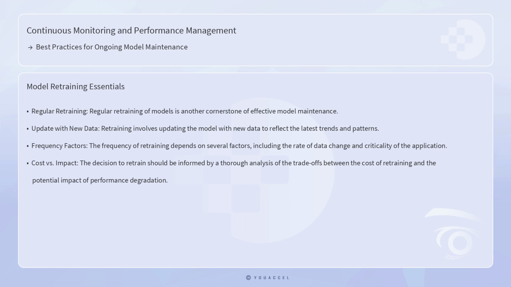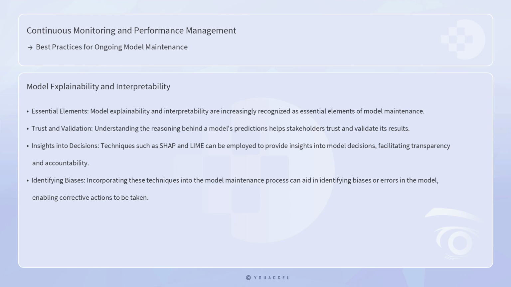According to Gamma et al., the decision to retrain should be informed by a thorough analysis of the trade-offs between the cost of retraining and the potential impact of performance degradation. Model explainability and interpretability are increasingly recognized as essential elements of model maintenance.